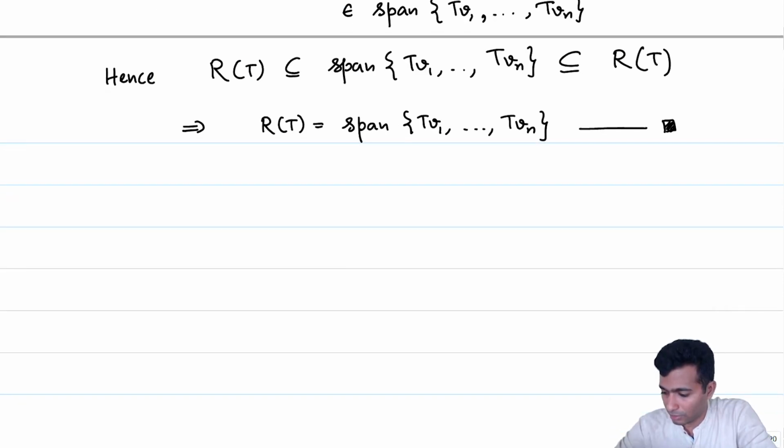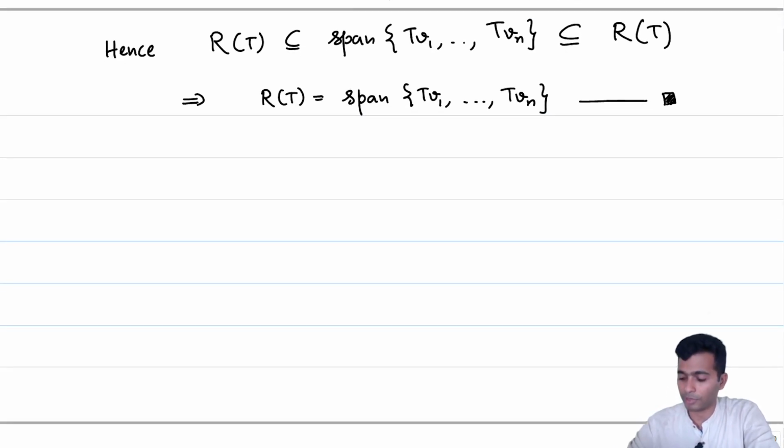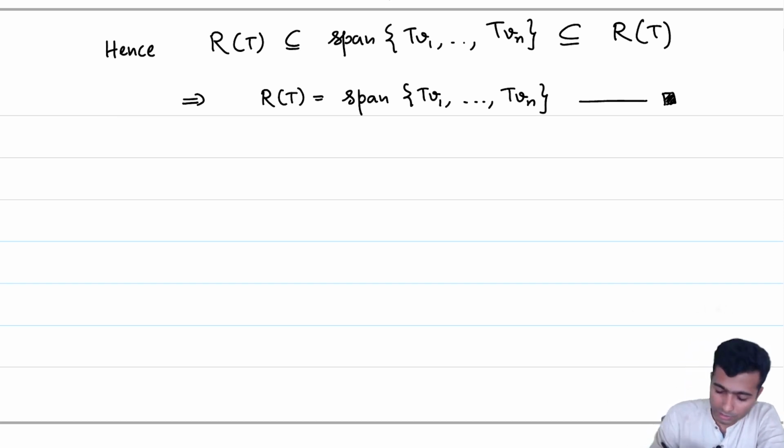So, as you can see, this was an argument which we did use in the proof of the dimension theorem, but it is worthwhile to keep a proposition exclusively to capture this. It's an important proposition.